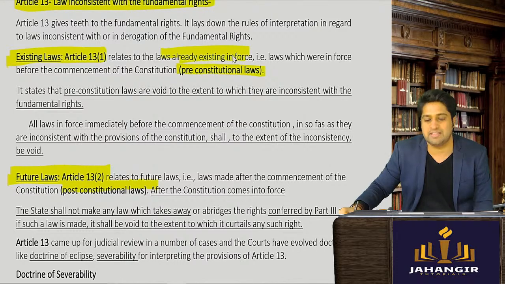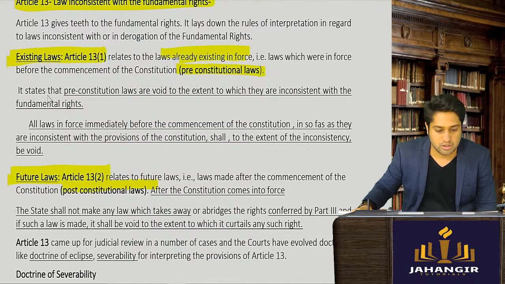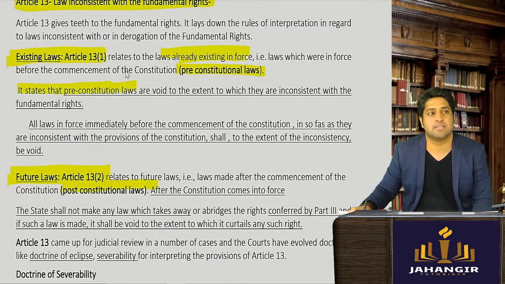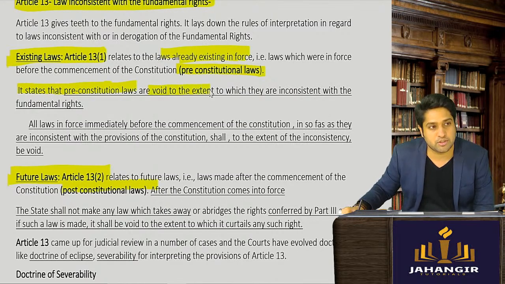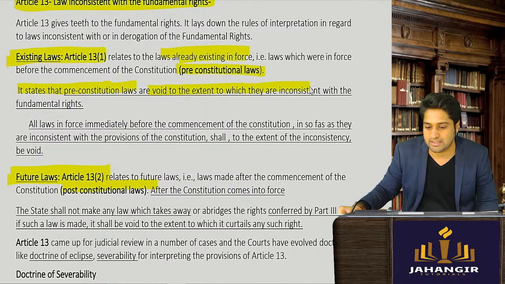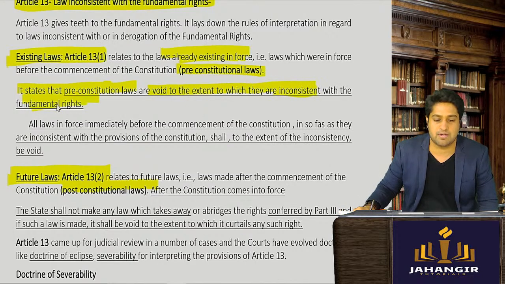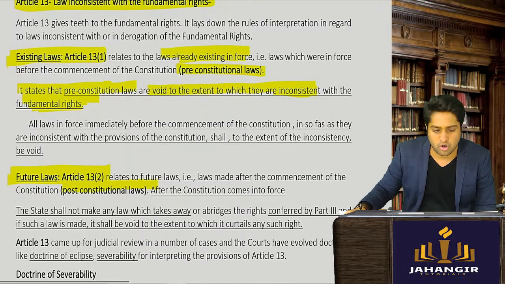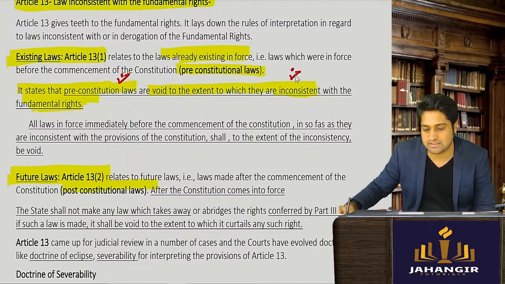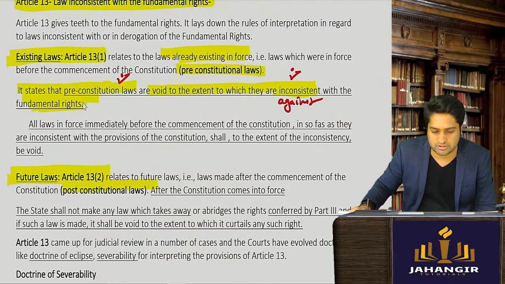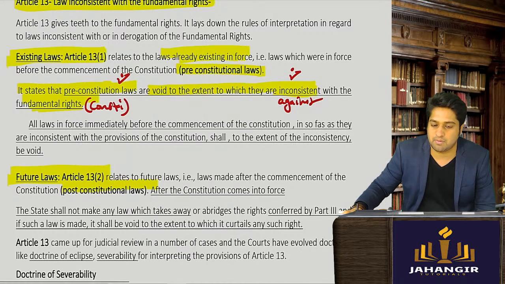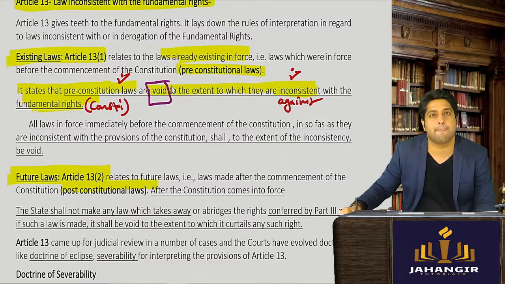Laws already existing when the constitution was made. So it says that pre-constitutional laws shall be void to the extent they are inconsistent with the fundamental rights. So any law, if it is inconsistent, that is, against the fundamental rights given in the constitution, then that much part will become void.